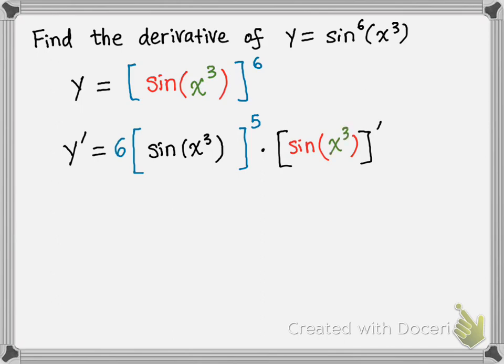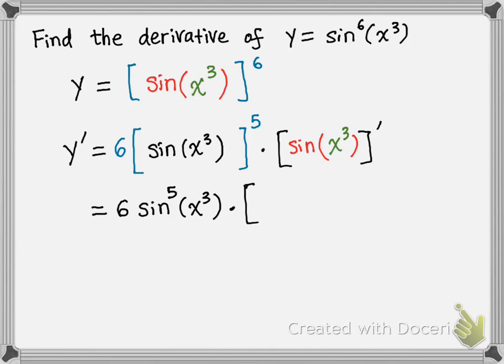When we take the derivative of this function, we have to apply the chain rule again. Whatever we are not operating on, we just copy. So we have 6 sine of x cubed raised to the 5th power times the derivative of this function.